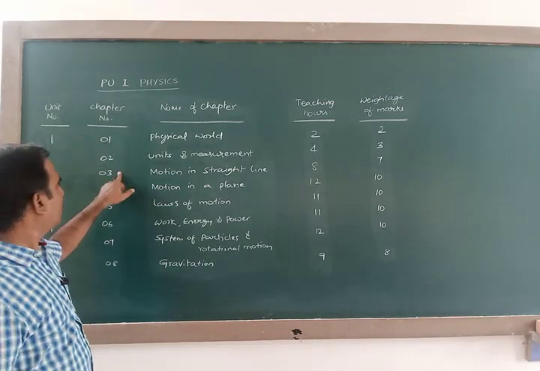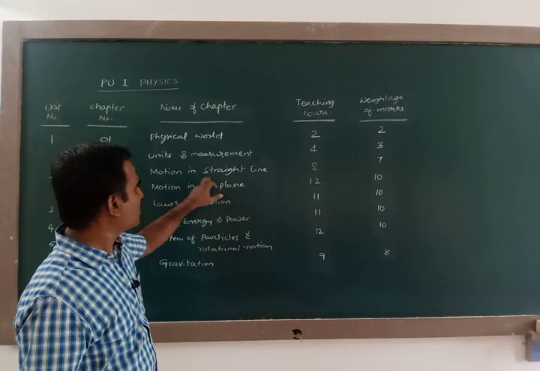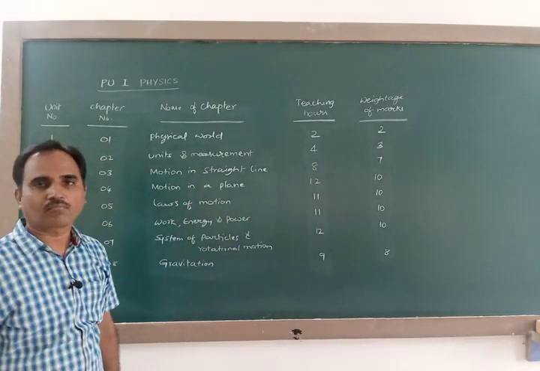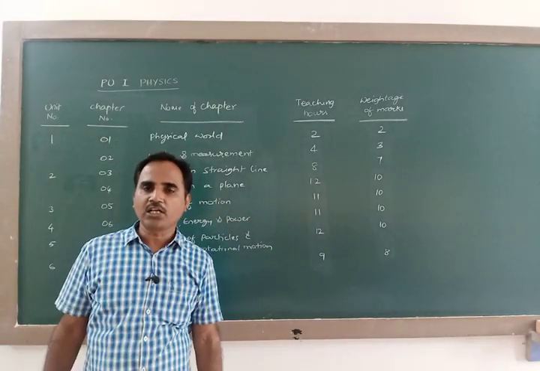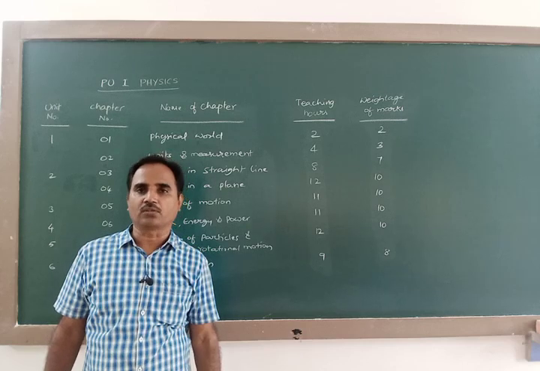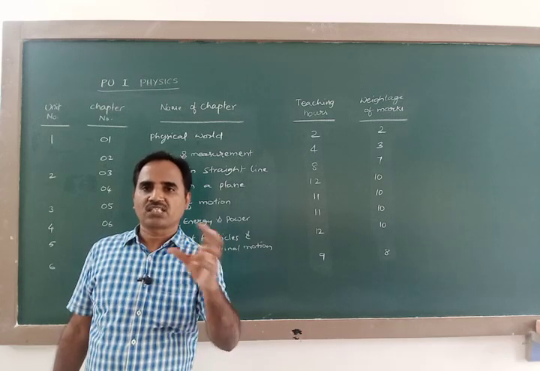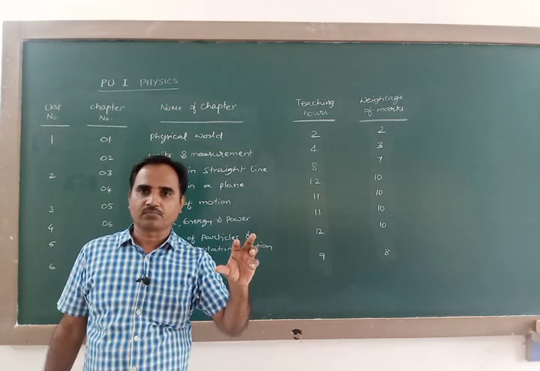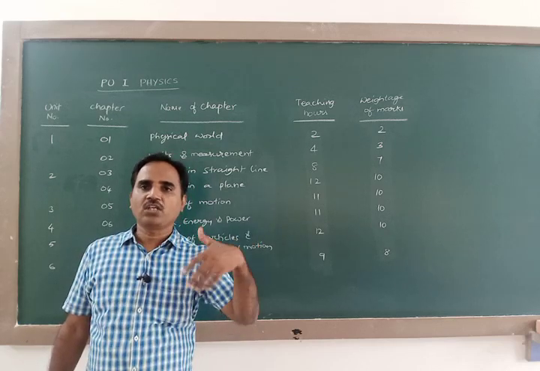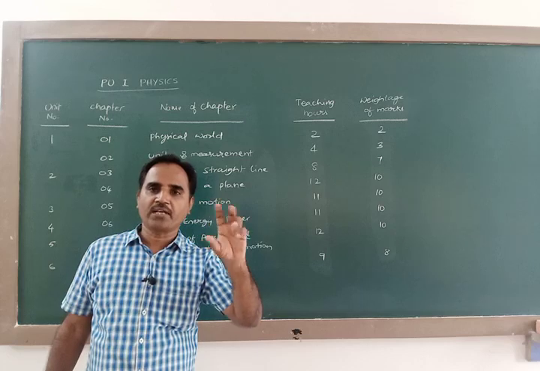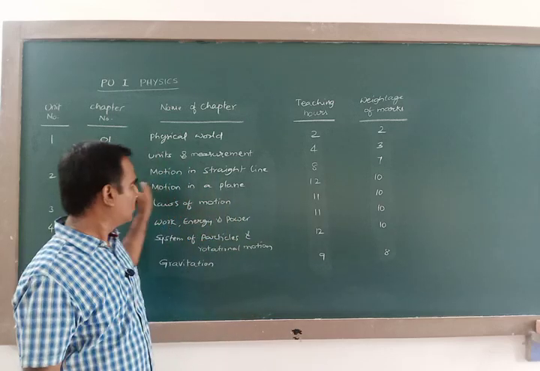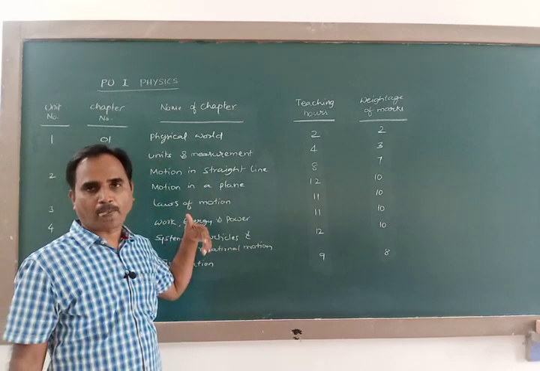The third chapter is motion in a straight line. See, kinematics deals with the description of motion. So when something is moving, how the motion of a body can be described comes under the study of this kinematics.